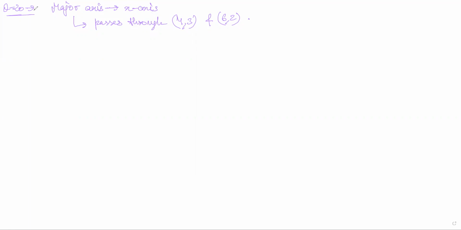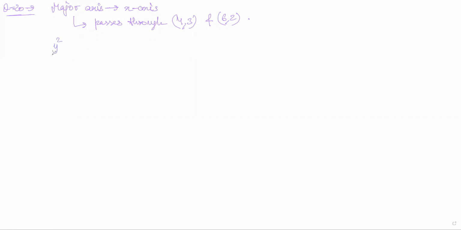Guys, did you find out the value for A and B? What is the final equation for the ellipse? X square by 52 plus y square by 13 is equal to 1. Okay, just a minute.